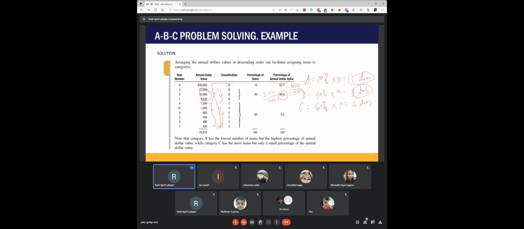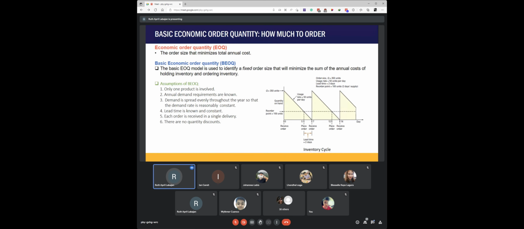Questions? Okay. Now, let's go to the last topic, which is the basic economic order quantity. This will now answer your question earlier: how much to order and when to order. When we talk about economic order quantity, basically we're talking about the order size that minimizes the total annual cost.